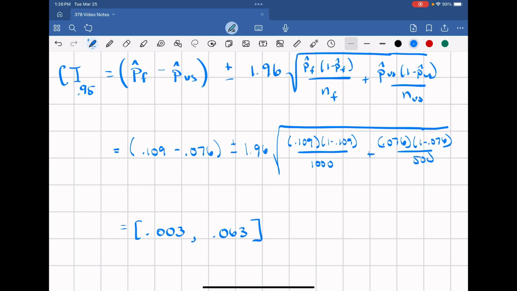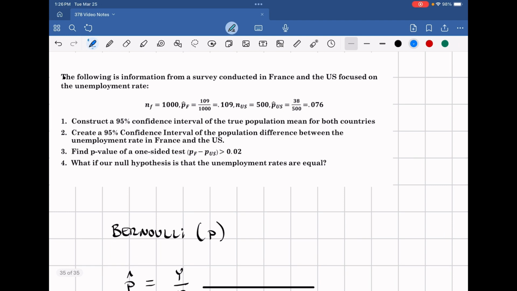So I'm 95% certain that the true difference in unemployment rate in the population between these two countries is between 0.3% and 6.3%.